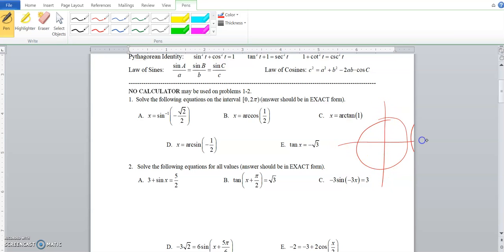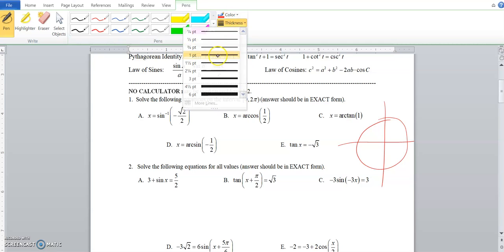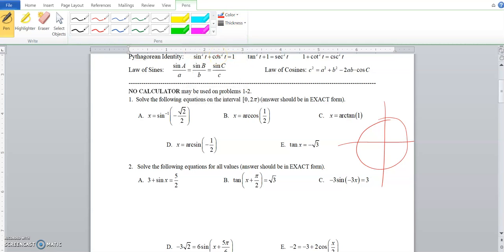So in our axis here, we have positives, negatives, and we know sine goes with the y coordinate, so sine is positive here. So our answer has to be down here in quadrants 3 and 4.